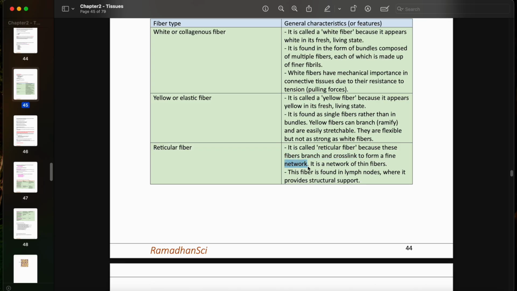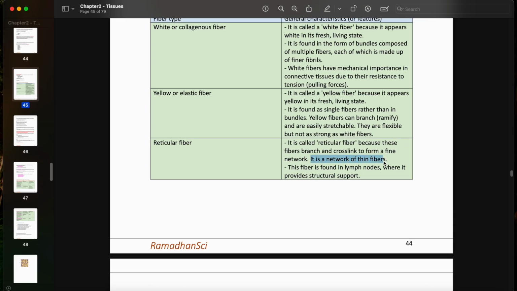So the word network is always related to the word reticular. For example, when we had the smooth endoplasmic reticulum and rough endoplasmic reticulum, we also had a question telling you, why do we call it a reticulum? Because it forms a network.